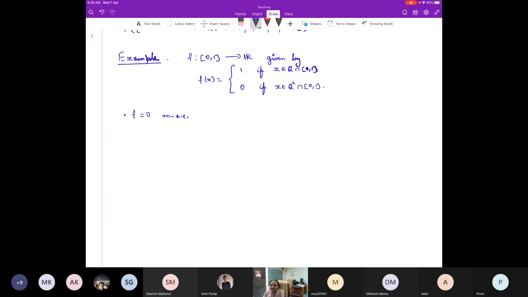The measure, m star, of the rational numbers is 0. And that tells us that this function is 0 almost everywhere. This is one of the important concepts which is not available in the context of Riemann integration. This is the one that is going to make the change.